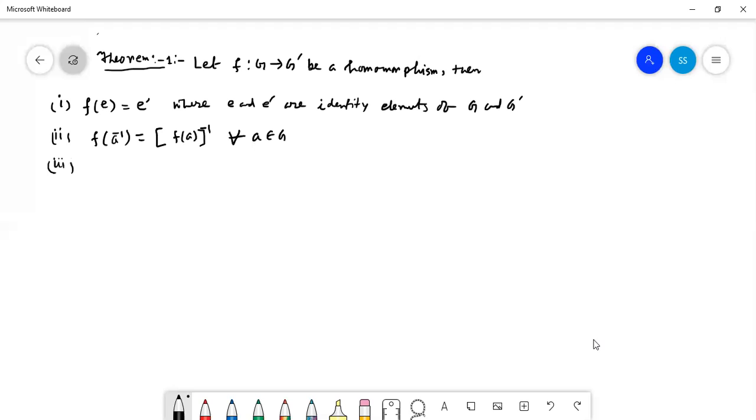Number 3, the order of f of a is a divisor of the order of a, when the order of a is finite.